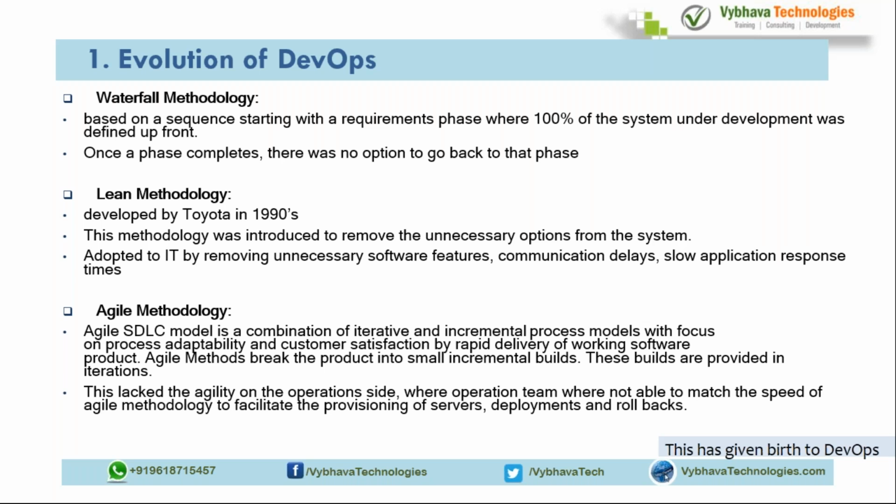Agility on the operations side, the administration side, which we now call operations. The operation team was not able to match the speed of agile methodology to facilitate the provisioning of the servers. In the previous generation, people were DBAs, WebSphere administrators, WebLogic administrators, system administrators, Linux administrators. All these are administration operations, and they have their own limitations towards that particular area only.